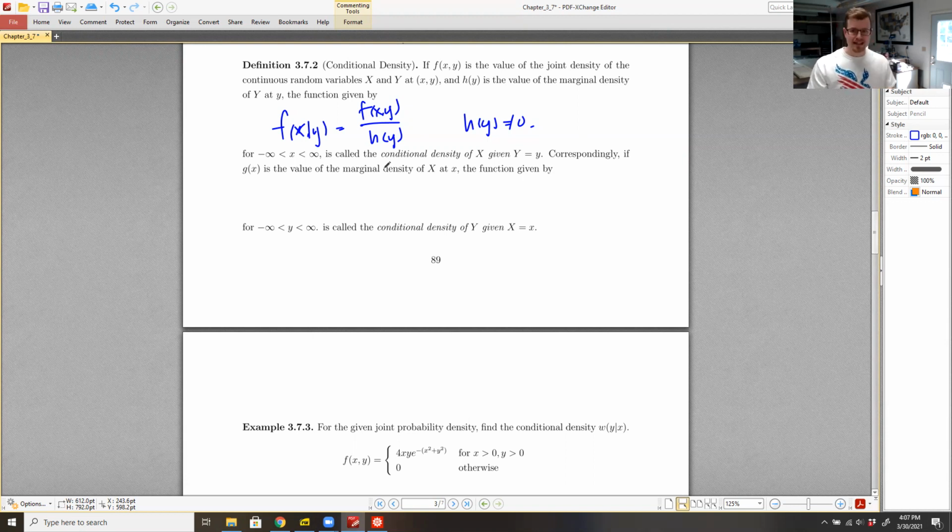To get the probability from a density function requires us to find the area below the density function. So we have to integrate.